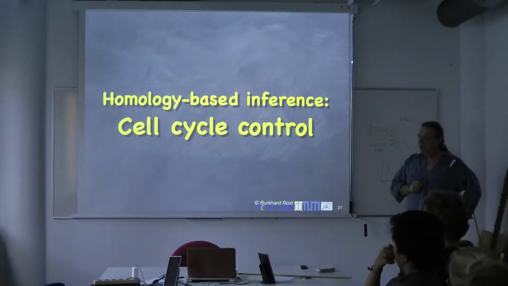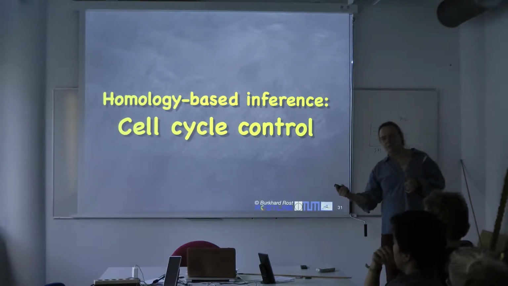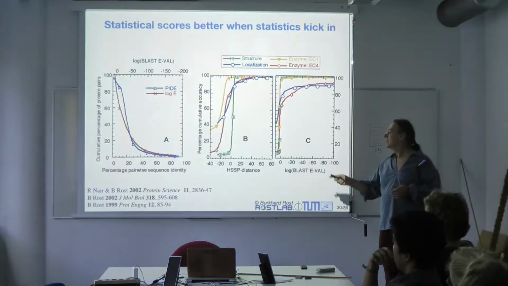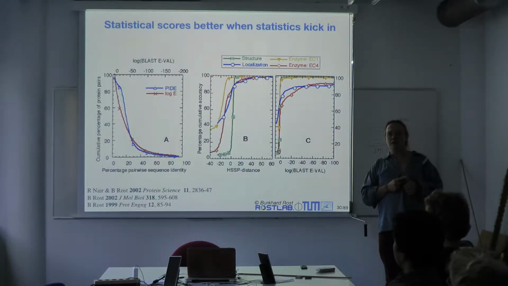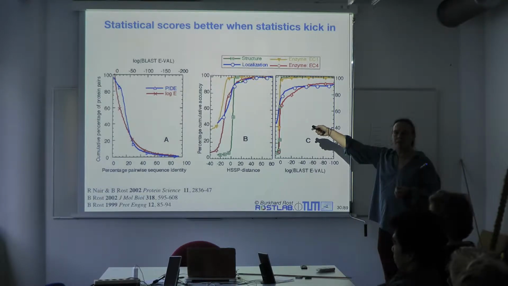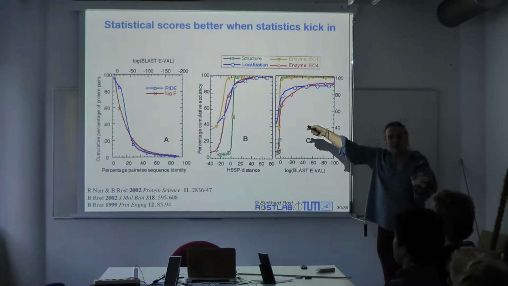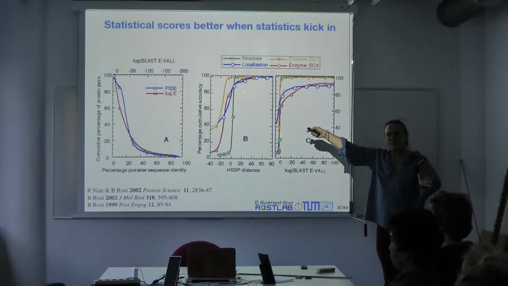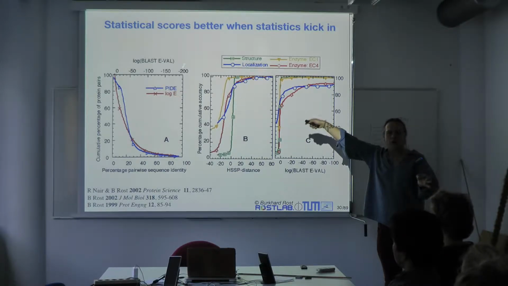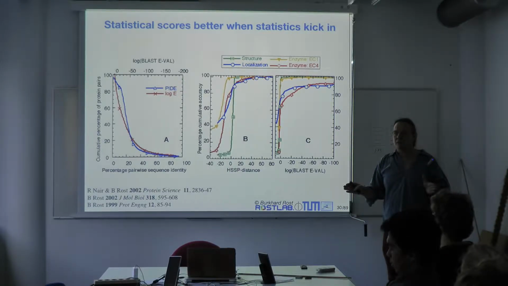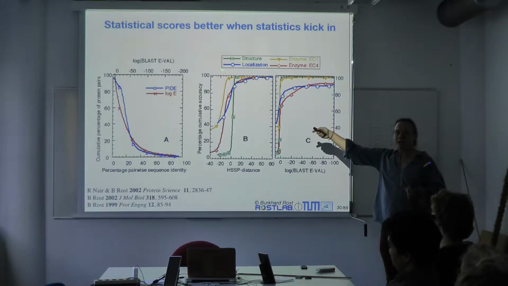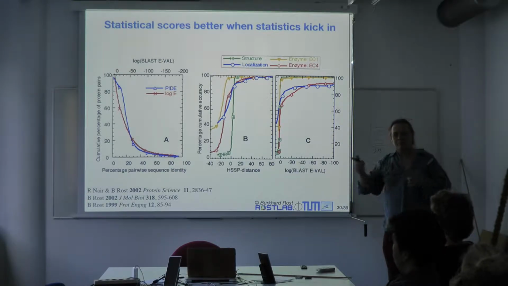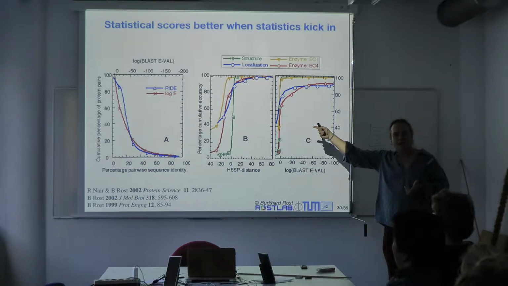Now, essentially what we learned from this is if I want to infer something based on homology, I have to set up a threshold for blue subcellular localization, for red enzymatic activity, and it might be different whether I want the level of detail of the enzymatic reaction in red or the orange. The threshold differs. So it's not only that the values differ, but also maybe good cutoffs in the curve are at different points. Okay?